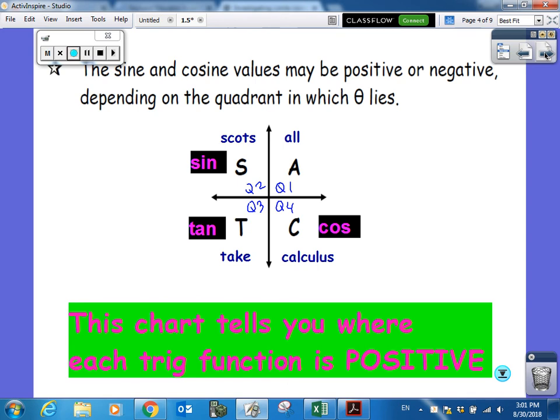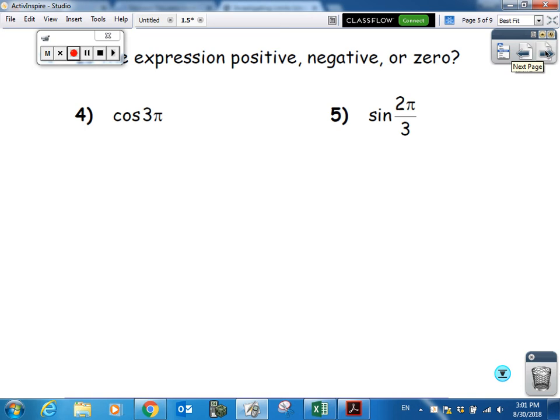Cosine's positive here, so it's negative here. Tangent is positive 1 and 3, so it's negative in 2 and 4. And that's because the x's and the y's have opposite signs in 2 and 4, again, when we get to tangent.